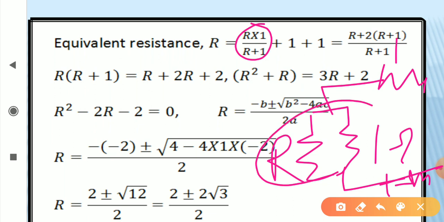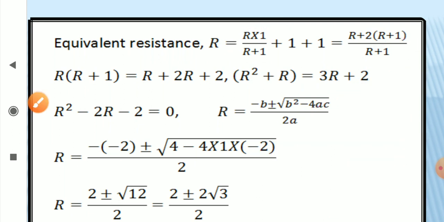So this parallel combination gives you R into 1 upon R plus 1. This plus 1 comes in series and this plus 1 comes in series, right? And simplifying it, take R plus 1 as LCM, you get R plus 2 into R plus 1, right?